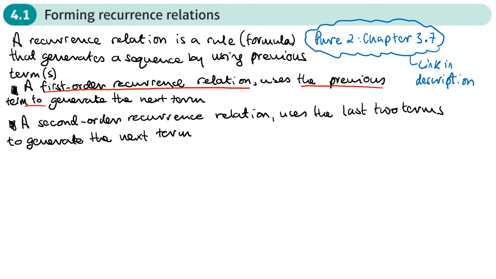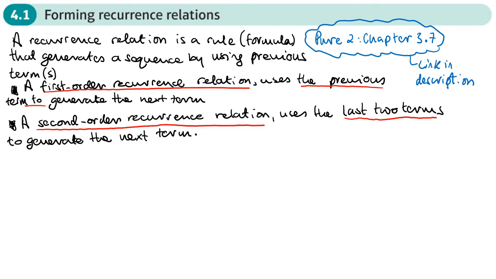There we go, that makes more sense now. To generate the next term. Okay, so let's just underline the keywords here where we've got a second order recurrence relation, and this uses the last two terms to generate the next term. So we've got first order recurrence relation, which you would have learnt about in Pure 2, although you may not have called it a first order recurrence relation, just a recurrence relation. And now we've got this second order recurrence relation.